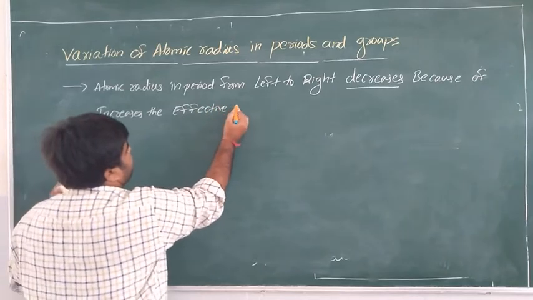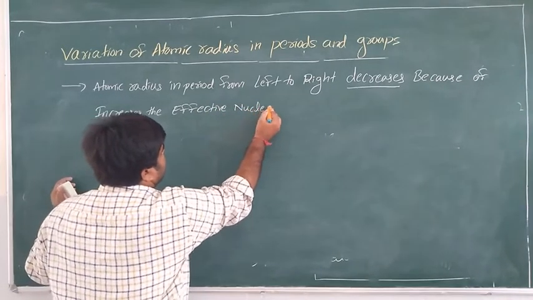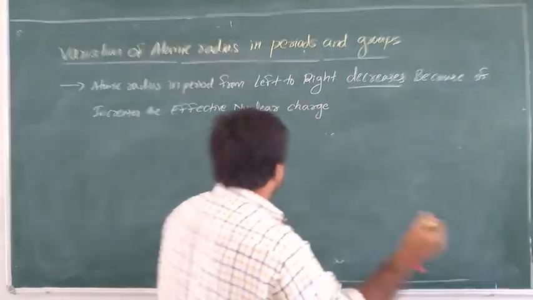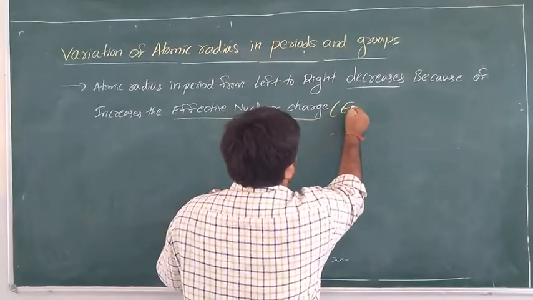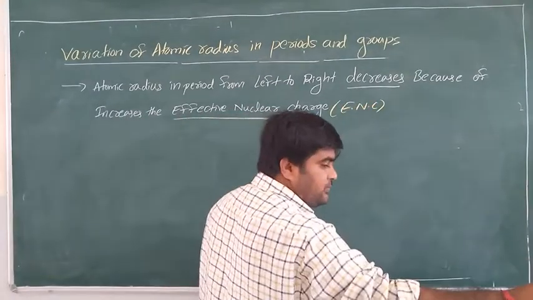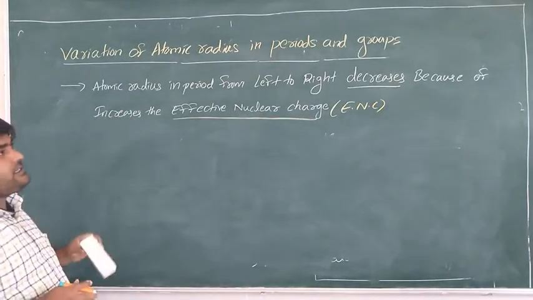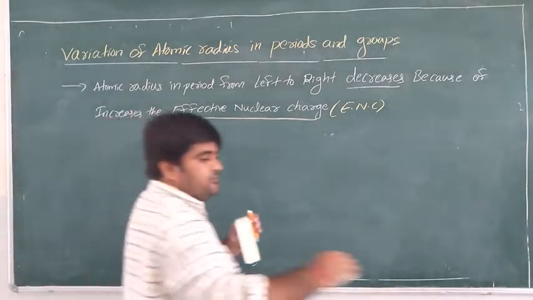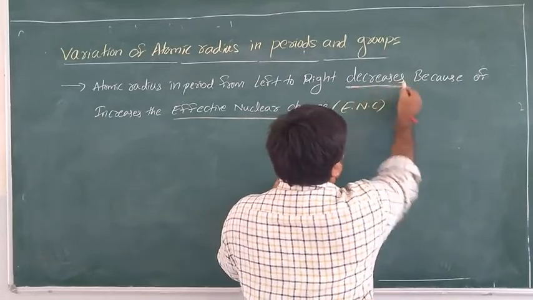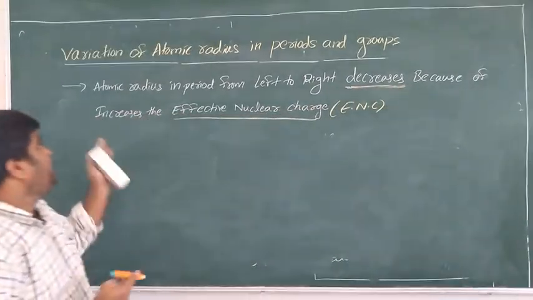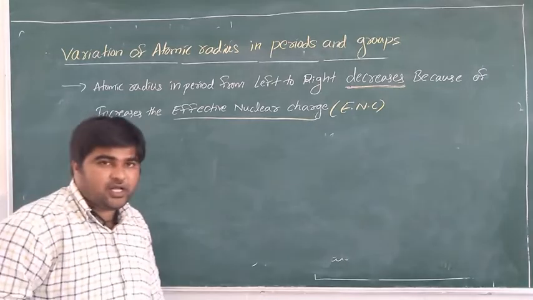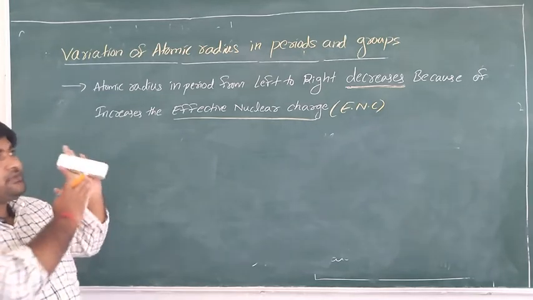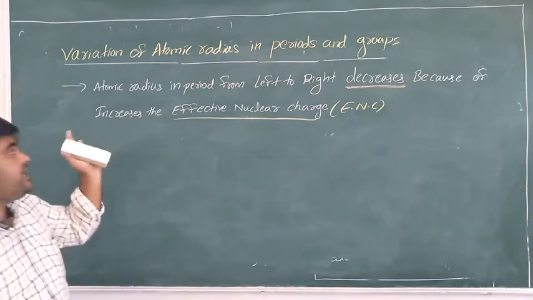Effective nuclear charge, simply you can write ENC, or simply nuclear charge. From left to right, atomic radius decreases because of the increase in effective nuclear charge.